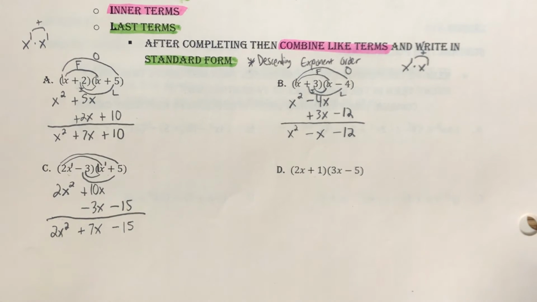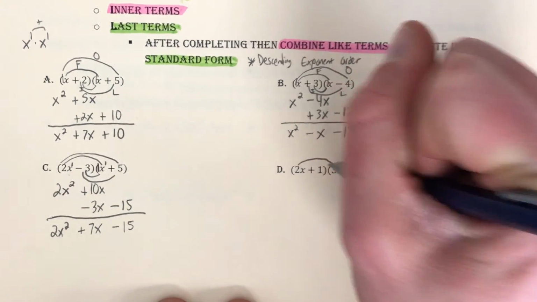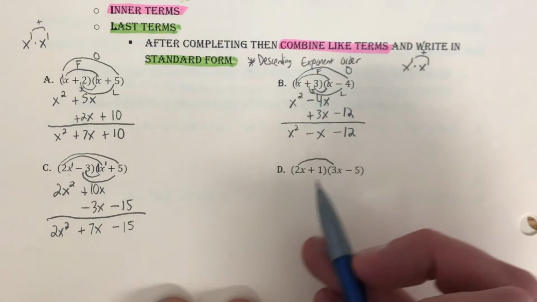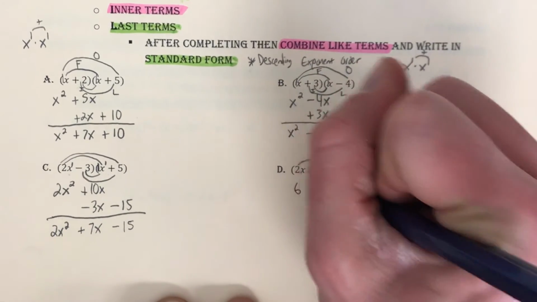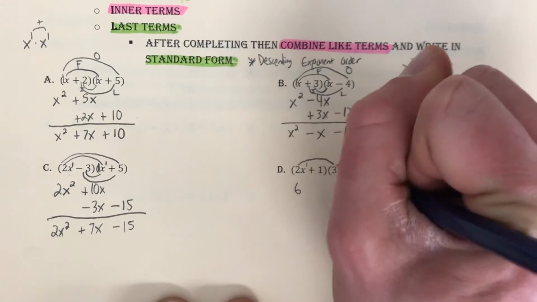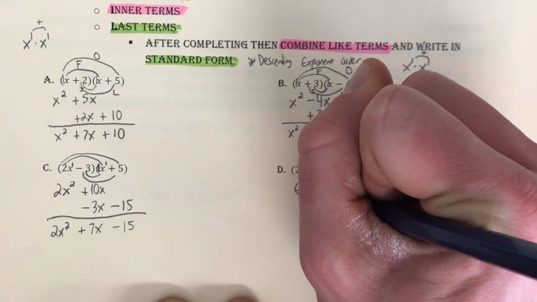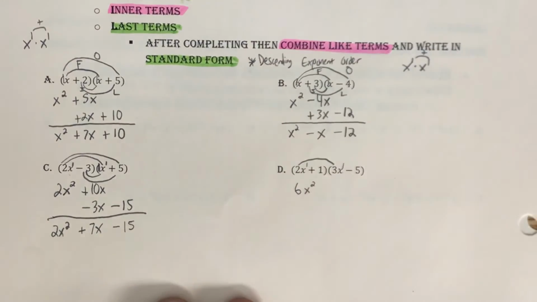All right, well, I'd encourage you to try example D on your own, then check your answer with mine. All right, we've got two binomials being multiplied times each other, so that means FOIL method. So first term times first term, 2 times 3 is 6. X times x, add the exponents of 1. 1 plus 1 is 2, so x squared.